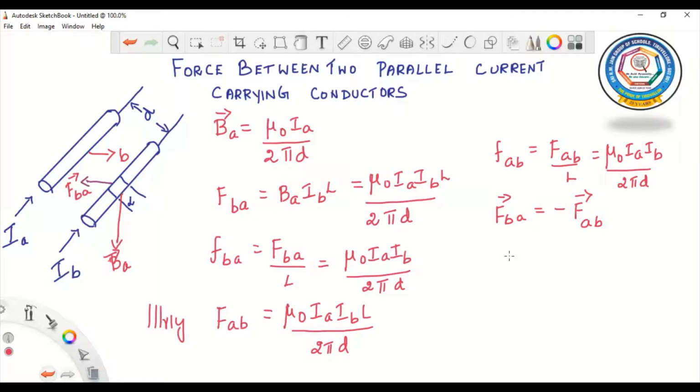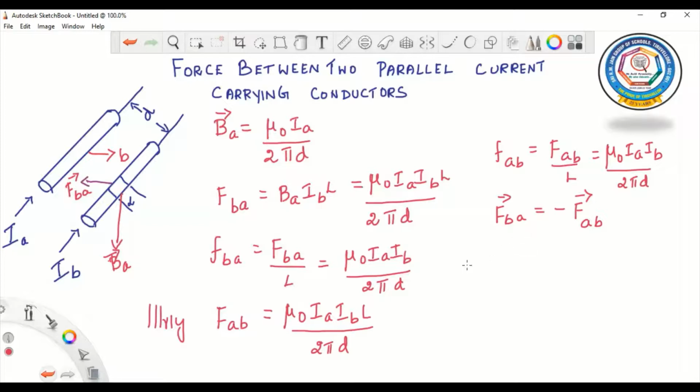Then they will repel each other. So remember this: if the currents flow in the same direction, they attract each other; if the currents flow in opposite directions, they repel each other. This is very important, children.